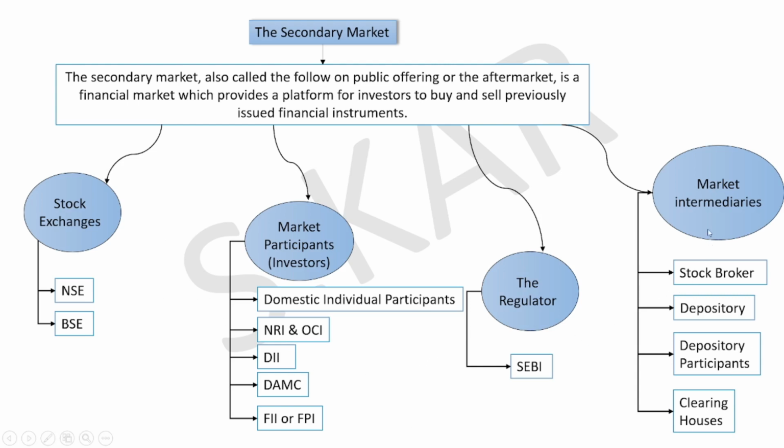Now we will know about each of them, not in too much detail, because that's not our purpose, but we should know about them. We should know the mechanics of the secondary market also, like what is happening behind it. I am buying a share, I am getting it in my account, but what's happening behind? We should have that question in our mind. So let's move on. The first entity about whom we will know is the stock exchanges.